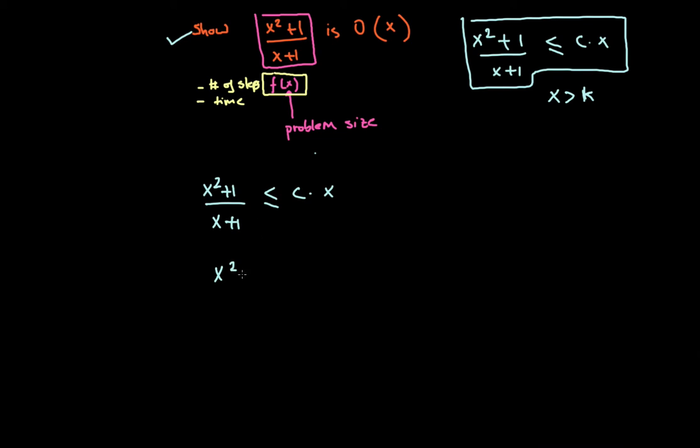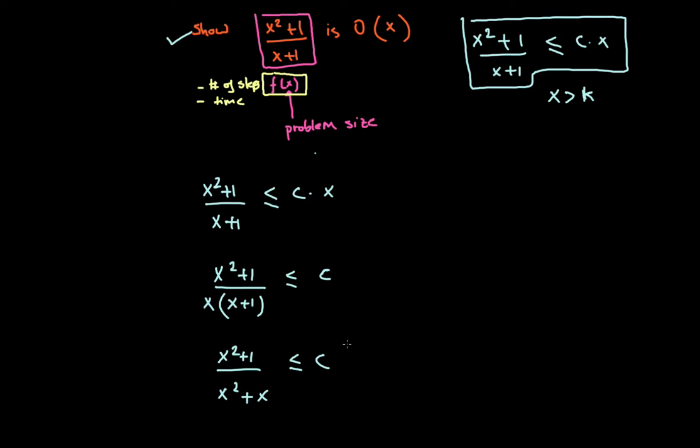That gives you (x squared + 1)/(x + 1) over x. Now I know x is a positive value, so I can make sure that the inequality is preserved as I perform this division. x cannot be negative. This means that what I have is (x squared + 1)/(x squared + x) is less than or equal to c.